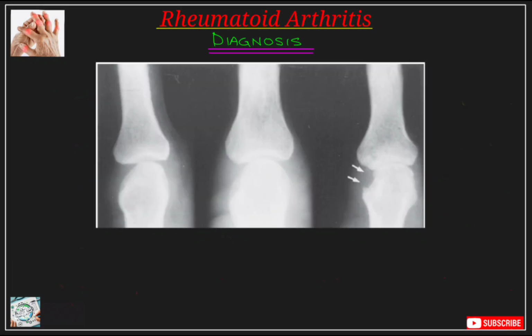Now let me explain some of these features by radiographic imaging. This is a radiograph of the metacarpophalangeal joints showing a progressive marginal erosion of the metacarpophalangeal joint.